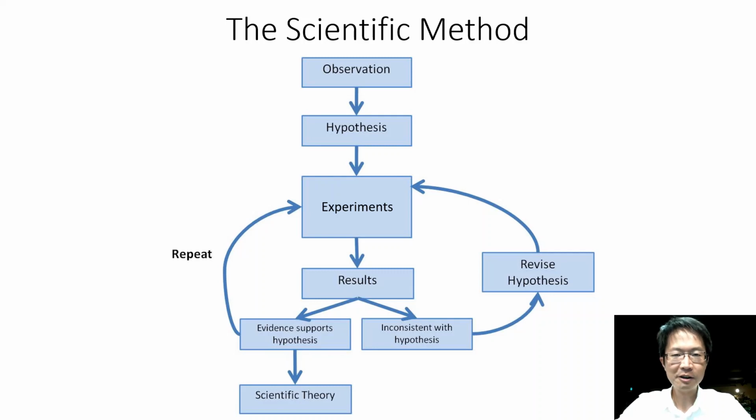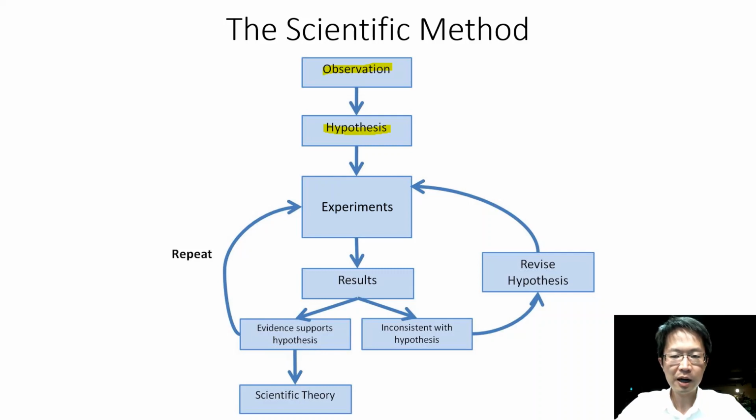The scientific method starts with observation. And then after scientists discover something interesting, they will form hypotheses to try to explain what they observe.